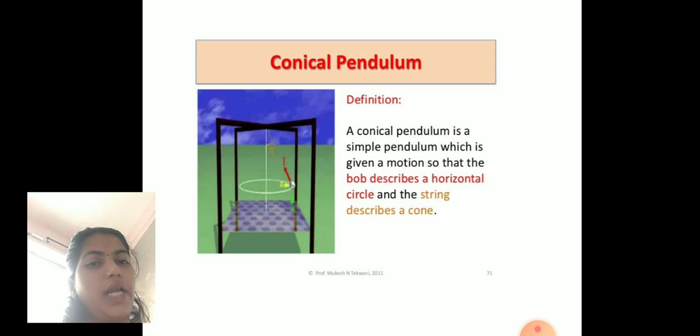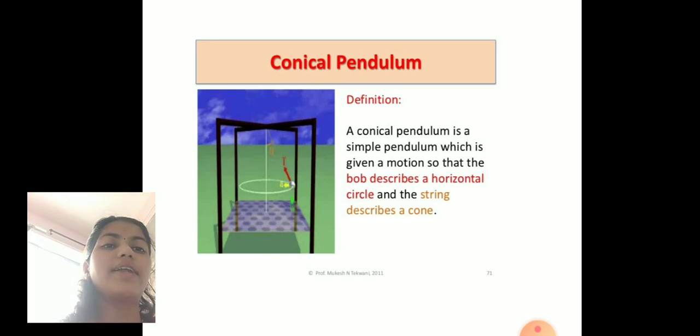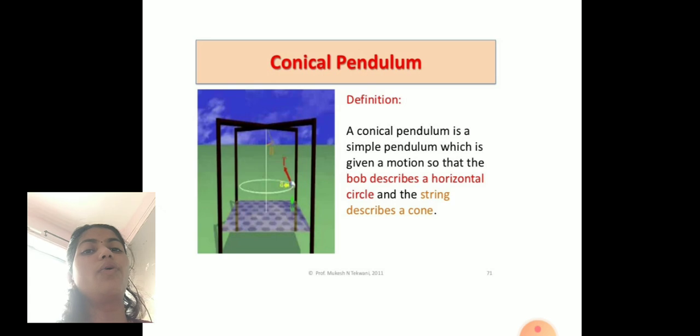But here the conical pendulum moves in a horizontal manner, with a string attached to a fixed support, and the bob describes horizontal circles while the string describes a cone. The shape is also like a cone.